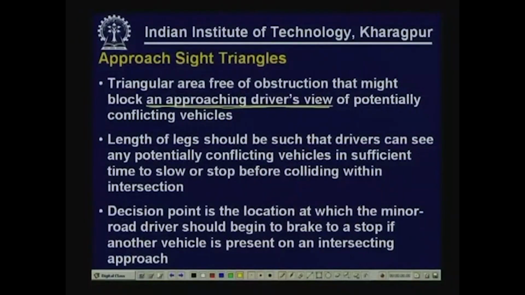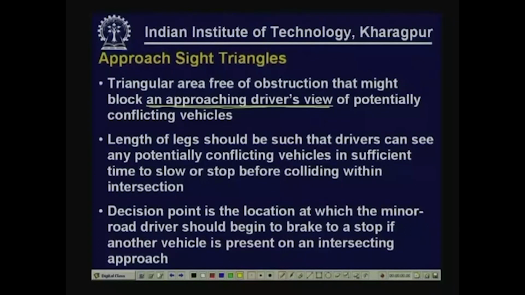Another crucial point we must understand in this context is the concept of the decision point. The decision point is the location at which the minor road driver should begin to brake to a stop if another vehicle is present on an intersecting approach.